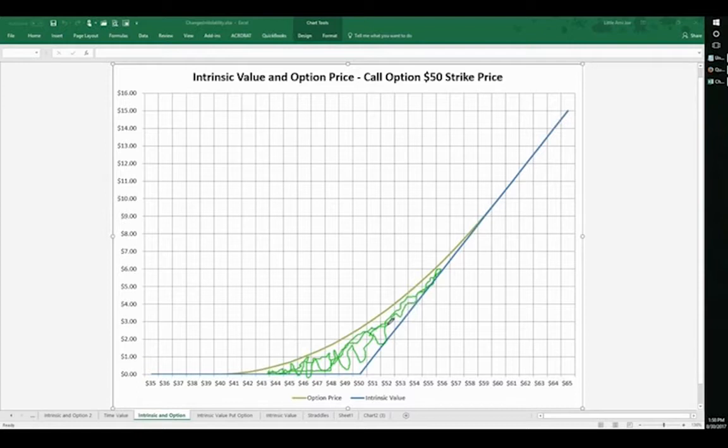Okay? So when you start thinking about option prices, I want you to think about them in two components, two different pieces. This real value, the intrinsic value, and then the premium or the extrinsic value, okay?